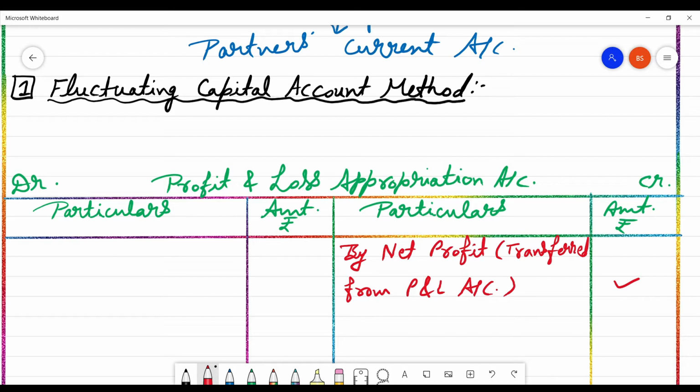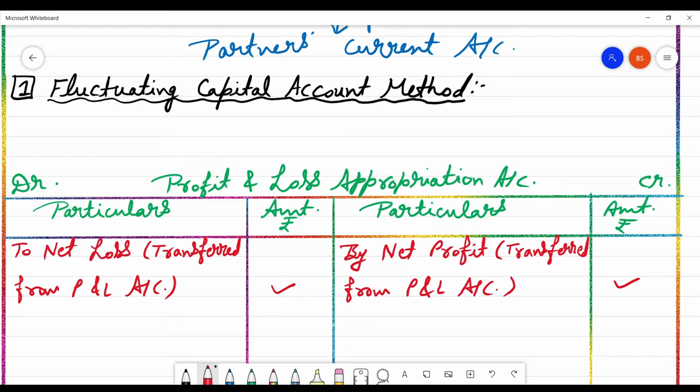If there is loss, we will write on the debit side of the P&L appropriation account "To net loss (transferred from P&L account)". Either net loss is given or net profit is given.